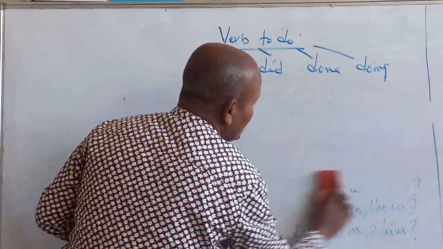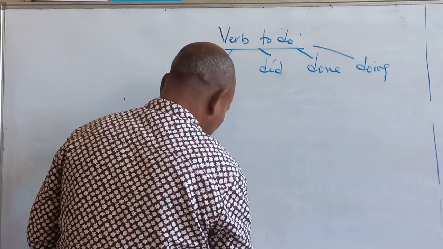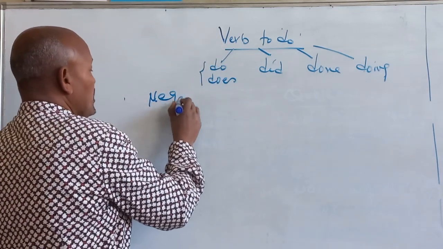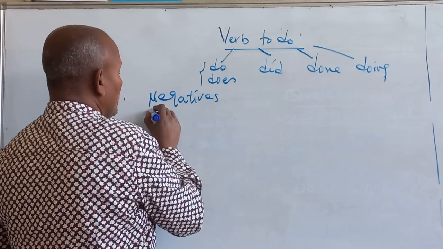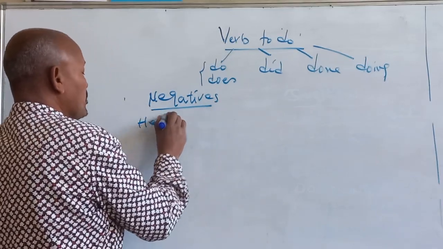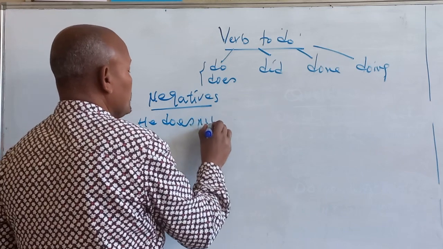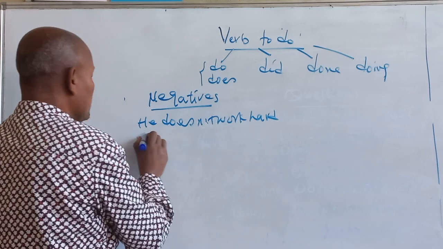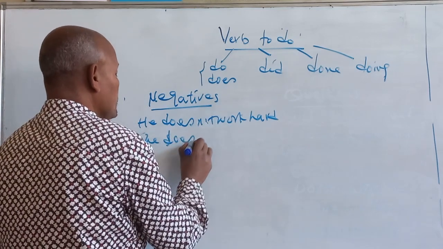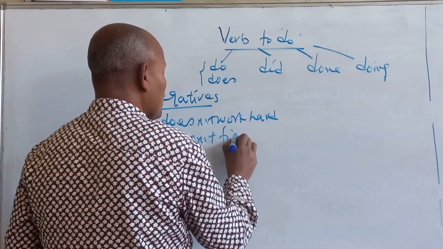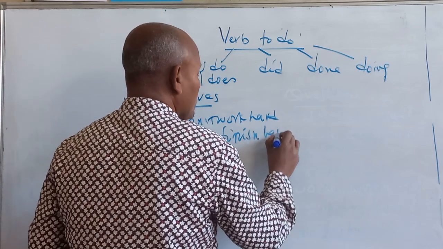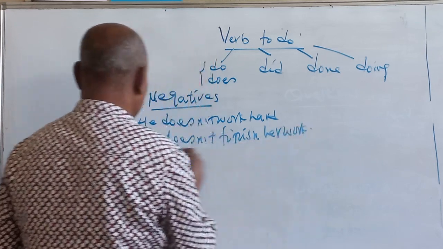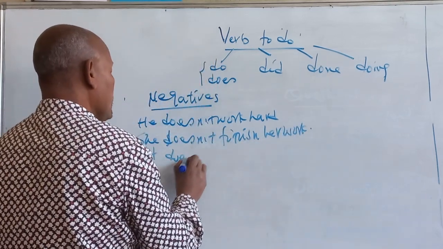The other use is for negative sentences. Negatives means he doesn't work hard, or here she doesn't finish her work, and here it doesn't rain.